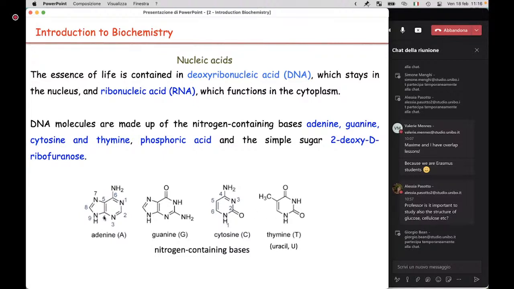The only difference is that in the DNA we have adenine, guanine, cytosine, and thymine. In the RNA, thymine is changed to uracil, but it is very similar, okay? So we just have four nitrogen-containing bases.